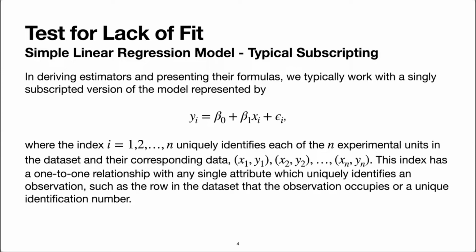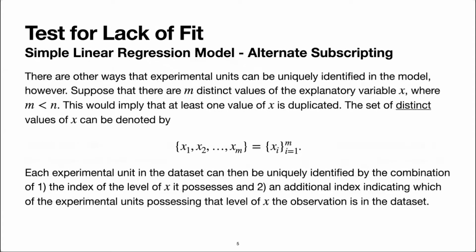If the experimental unit was a zip code area, then zip code could be used in that way. So we would have a single index, i, that is in a one-to-one correspondence with zip code. But the bottom line and the point of this slide is that the usual notation, the notation that you're used to seeing, looks like this. We have a single subscript on y, the response, and on x, the explanatory variable, as well as the error term, because we have an error term for each individual subject.